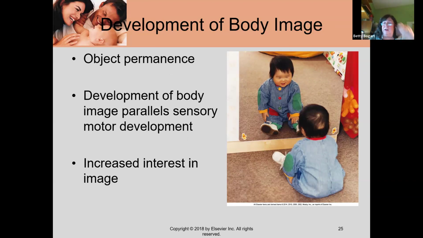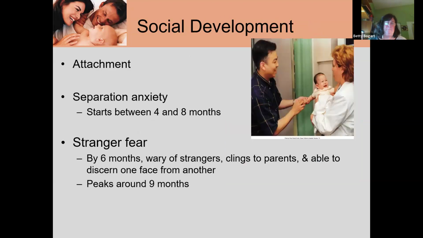They know it's there because they saw you put it there. I can't see it, but I know it's there. As they get older, they know that when they wake up in the morning their toy box hasn't disappeared and it's going to be in the toy box, right? And now these kids, you put them in front of a mirror and they're hitting the mirror, right? And they're starting to look and be very interested in that and climbing up on it and touching.